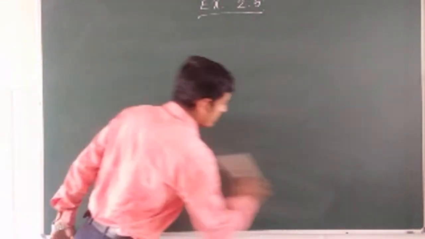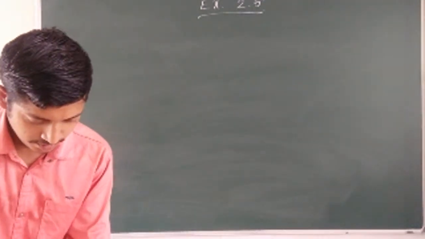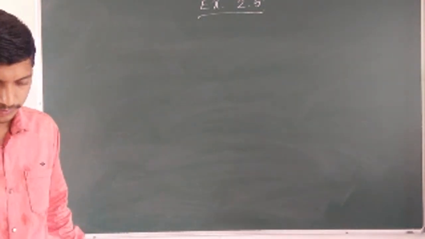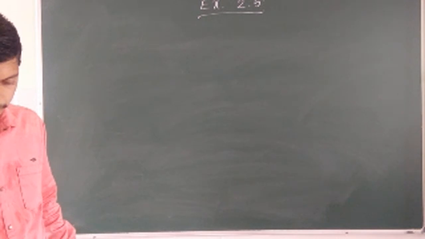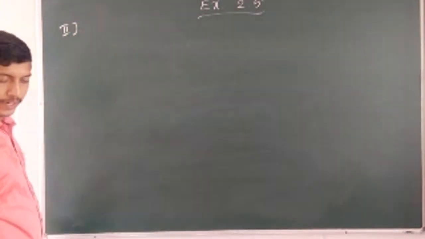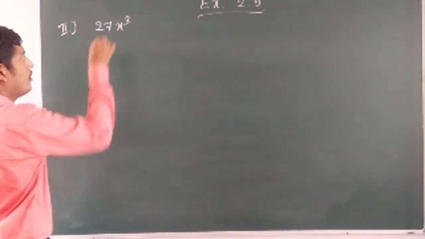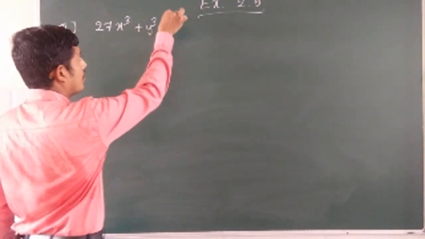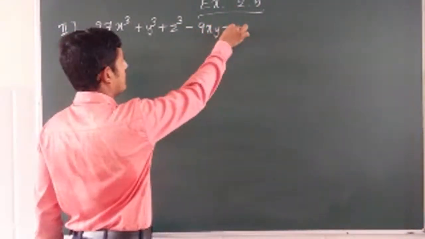The next step, factorize 27x cube plus y cube plus z cube minus 9xyz.